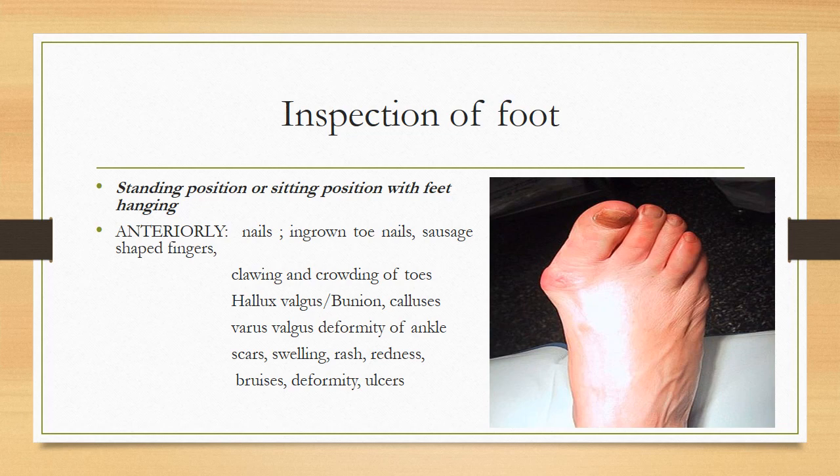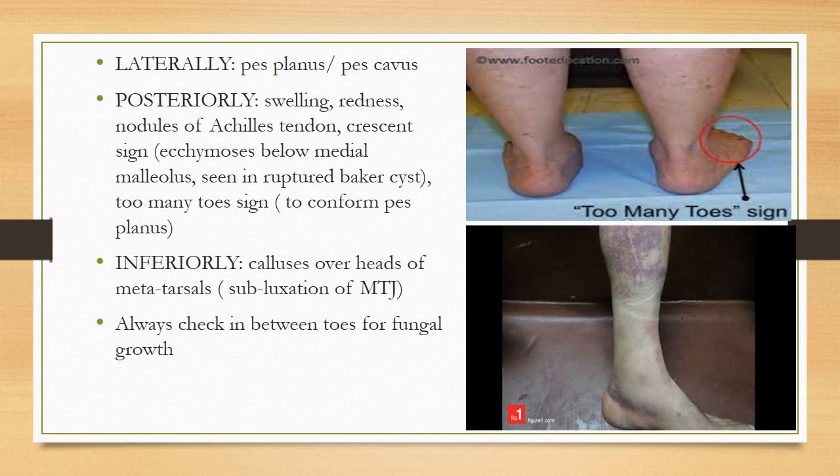You have to be very sure in your AMC exams that whatever term comes out of your mouth, you know what it stands for and what its significance is. After anterior inspection, we will look from laterally to check for pes planus and pes cavus, then posteriorly. Posteriorly, we will comment on the integrity of the Achilles tendon, if there is any swelling, redness, or nodules, if there is any crescent sign.